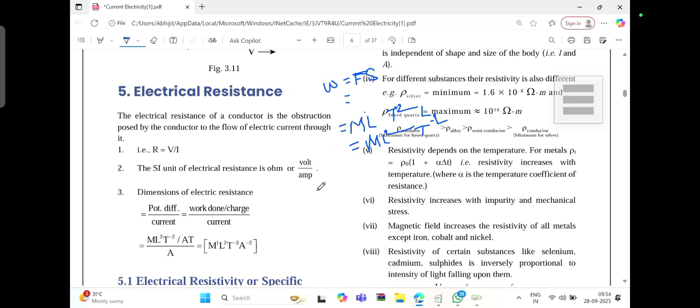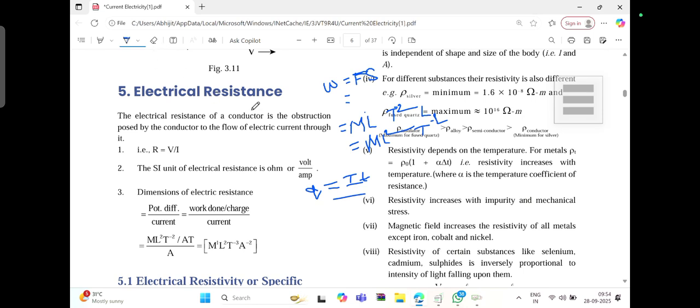Charge Q equals I into T. I is current, with dimension ampere A, and T is the time period.